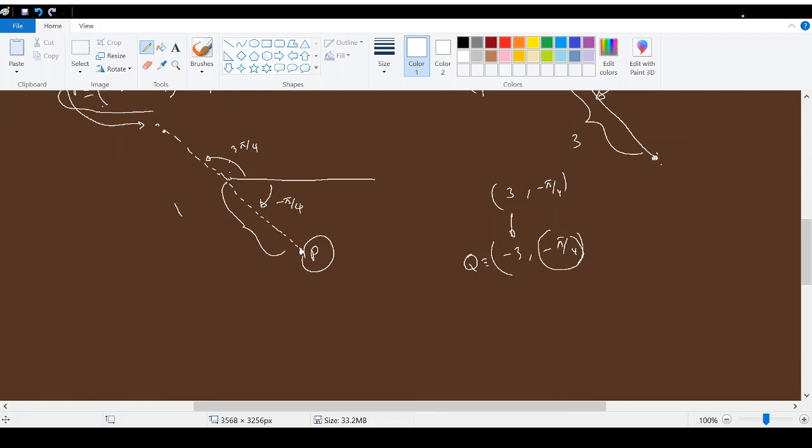Now we are going to look for a relationship between polar coordinates and the Cartesian coordinate system. First of all, what you have to understand is that the polar coordinate system and the Cartesian system are two independent systems.